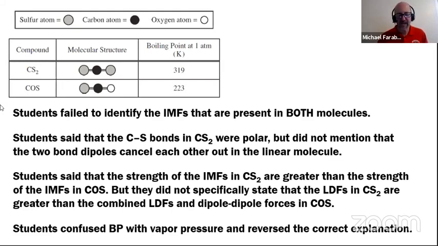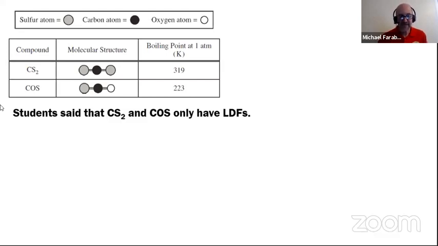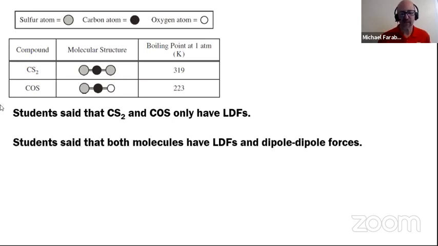So they thought that 319 was a higher vapor pressure and somehow had weaker forces. Some students said that the CS2 and the COS only have LDFs. That's incorrect because COS also has dipole-dipole forces. Some students said that both molecules have both LDFs and dipole-dipole forces. That's incorrect because CS2 is nonpolar.